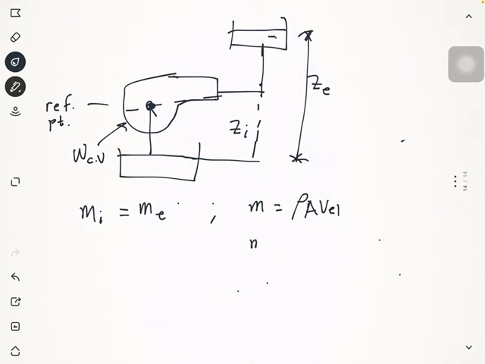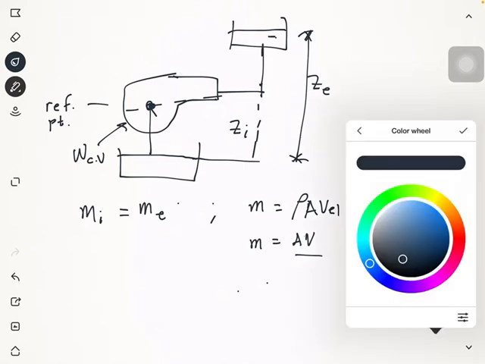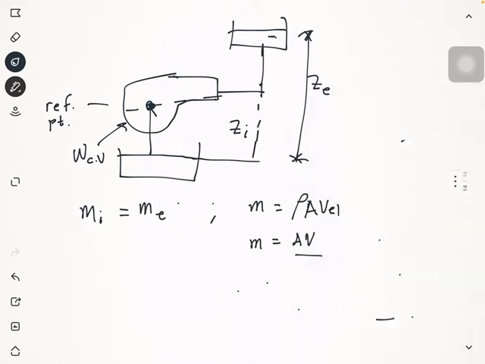So the mass flow rate here is area times velocity over the specific volume. The reciprocal of our density is the specific volume, v.